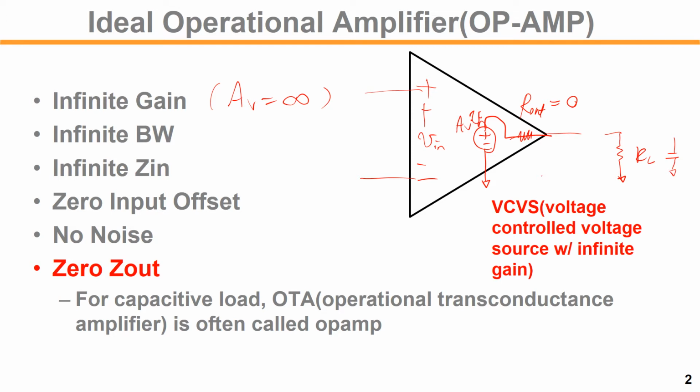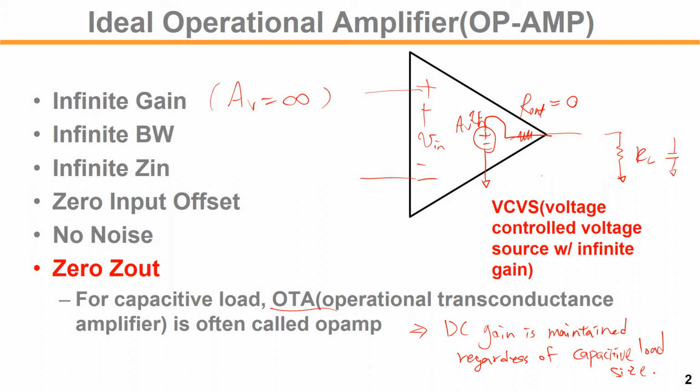So at DC, the DC gain is maintained regardless of capacitive load size. For that case, we call it OTA, operational transconductance amplifier.